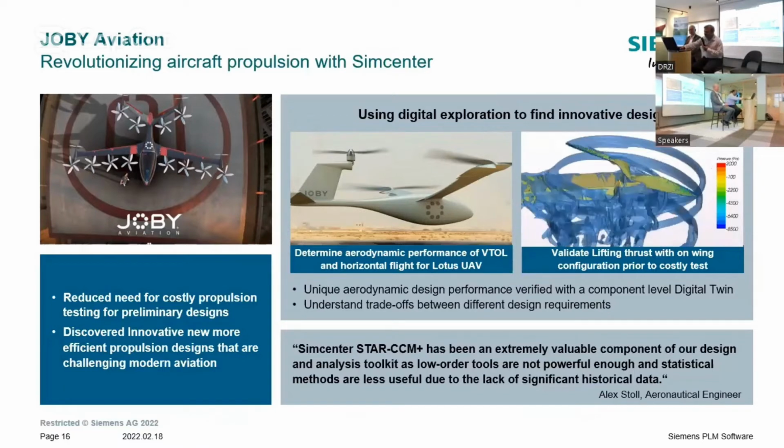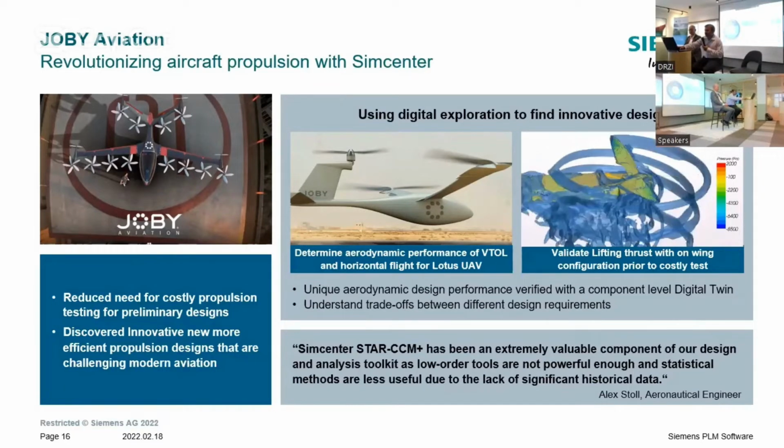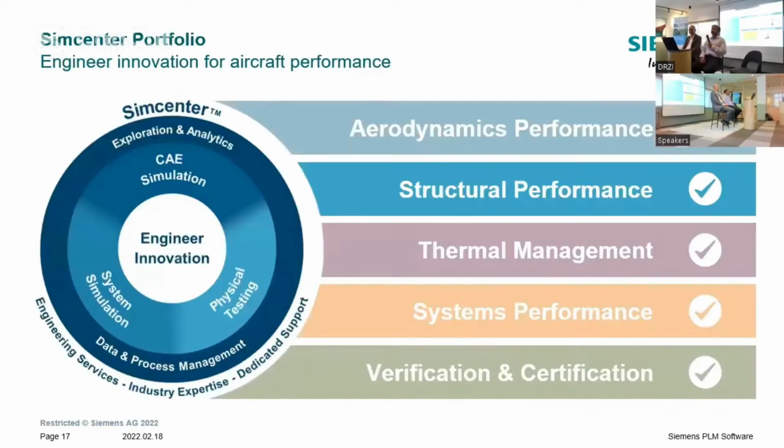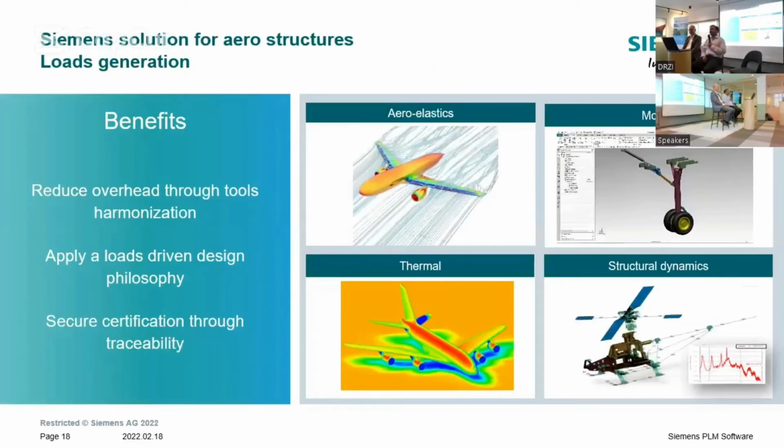Then the second one, I also want to talk about structural concept. Structural is also important, like aerodynamics, because the drone cannot be too heavy, but at the same time, if you make it too light, it can also come with other consequences.